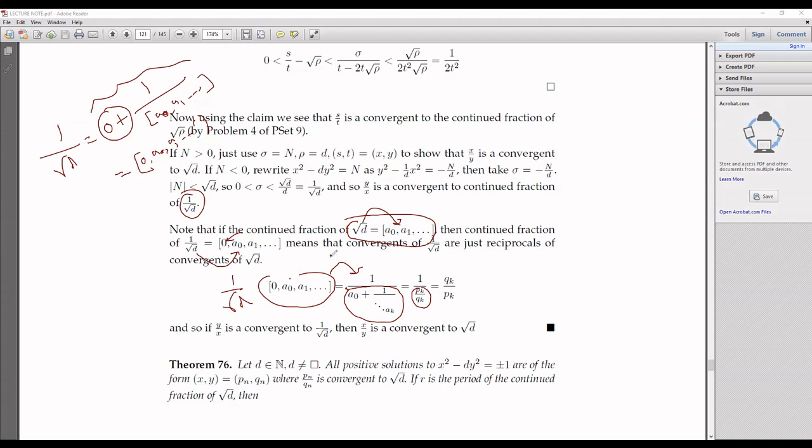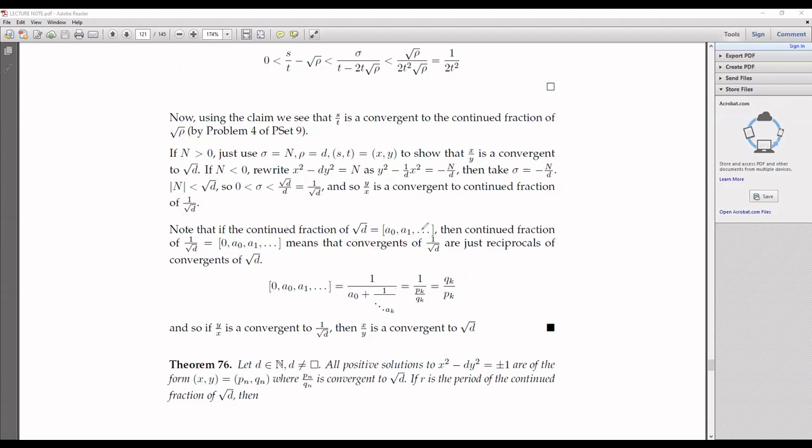So the convergent for this guy up to k terms is just the reciprocal of pk by qk, which is qk by pk, which actually tells us that if y by x is a convergent to 1 by root d, then x by y is a convergent to root d, which was the same result for n positive. So in either case, n positive or negative, we can just find the convergents of root d and seek the solution of the Pell-Brahmagupta equation in those convergents.